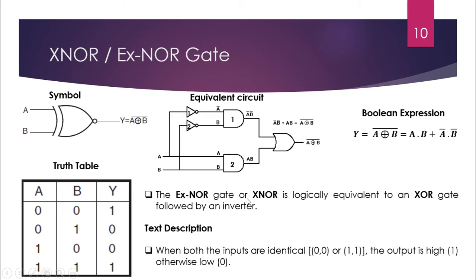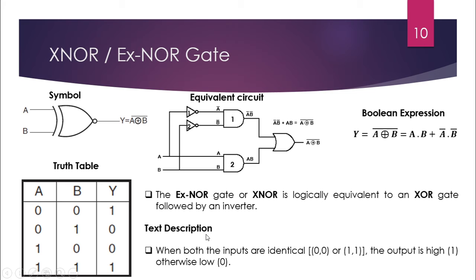The XNOR gate or exclusive NOR gate is logically equivalent to an XOR gate followed by an inverter. Here is the truth table tabulated over here. A and B are the two inputs 0 0, 0 1, 1 0, 1 1 and Y is the output, that is equals to A mod B complement and is given by 1 0 0 1.